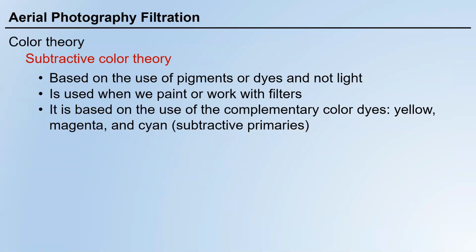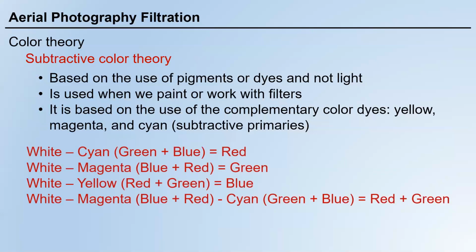Cyan, magenta, and yellow. They are also called subtractive primaries. Because it's subtractive, if you subtract cyan from white, you get red, because cyan is a combination of green and blue. So if white is a combination of RGB, and you eliminate G and B, which is cyan, from white, you get red.